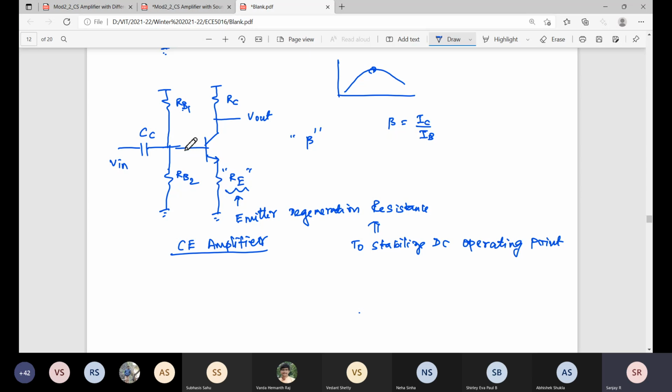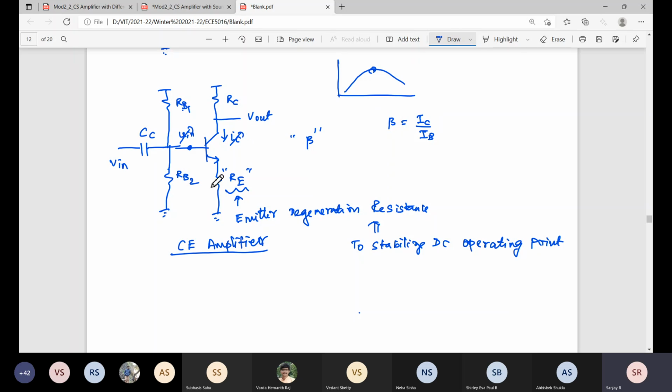Let's take a small signal. I'm applying an input that is varying. Vout will vary as input varies, the current will vary. That means input is increasing. So what is the equation here? Collector current will increase.